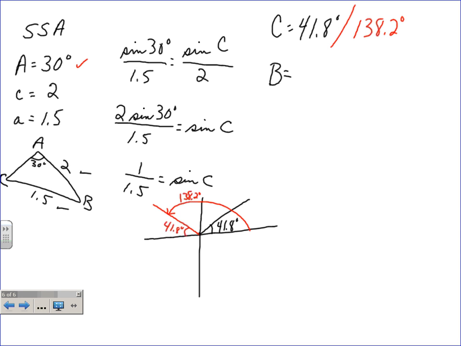So 108.2. So that third angle could be 108.2, or if this angle was 138.2 and 30, that's 168.2, then this would have to be 11.8 degrees.